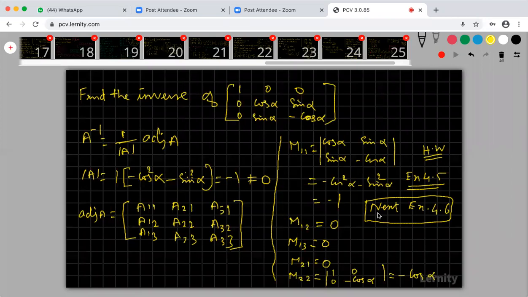Please note that. I have found out only a few minors. You have to find out the remaining minors, and using minors find cofactors, and using cofactors find adjoint of A, and using adjoint of A find A inverse. The question is find the inverse of the matrix. Please take that and try to complete the remaining problems.